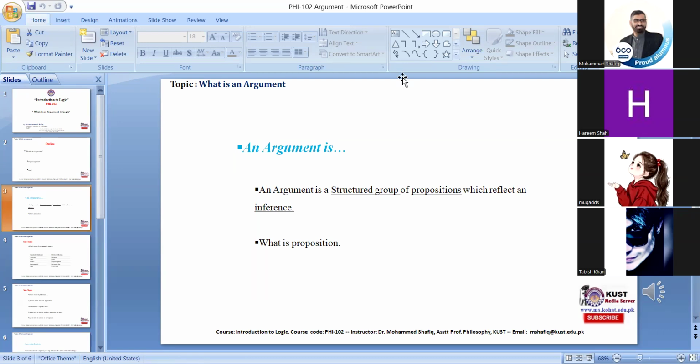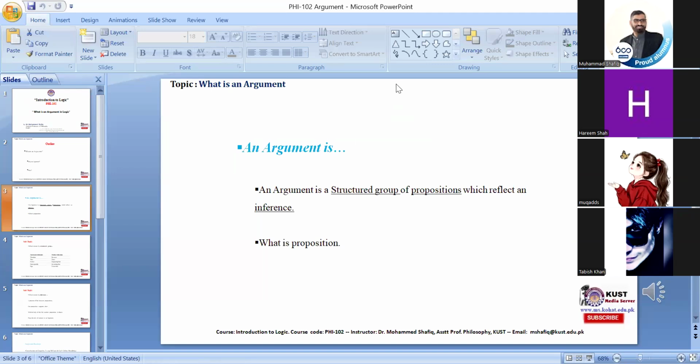Now, the order of this structure is not necessarily that there is always a premise prior to the conclusion. Sometimes we have the conclusion and after that we present premises. For example, there is no class today because the teacher is not coming.